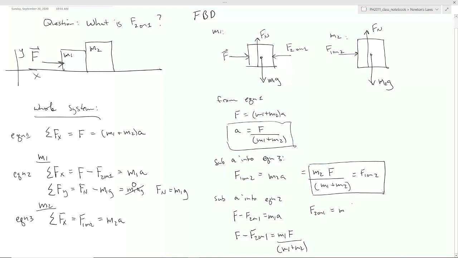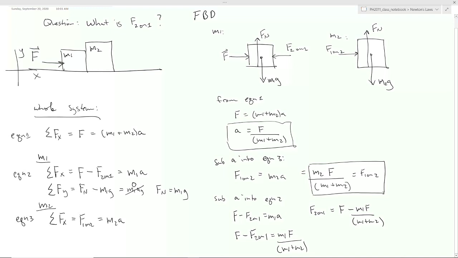So what would that be? We would have F minus M1F over M1 plus M2. Notice we don't have a common denominator here, so we can multiply F by M1 plus M2 over M1 plus M2.